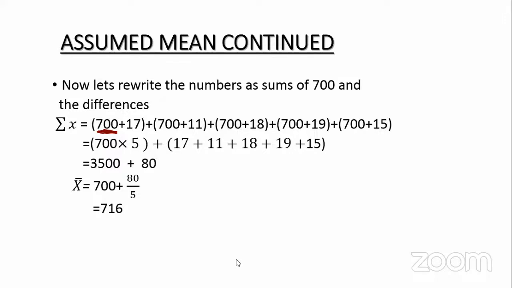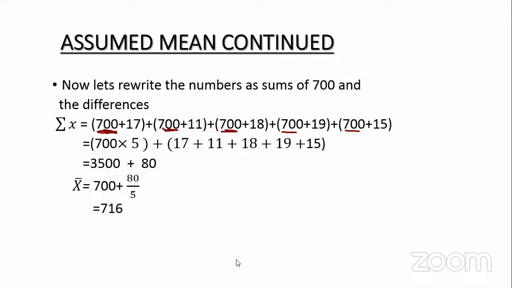The next number was 711. I write 700 and I add 11. It is still 711. The other ones are still 700, 700, 700.